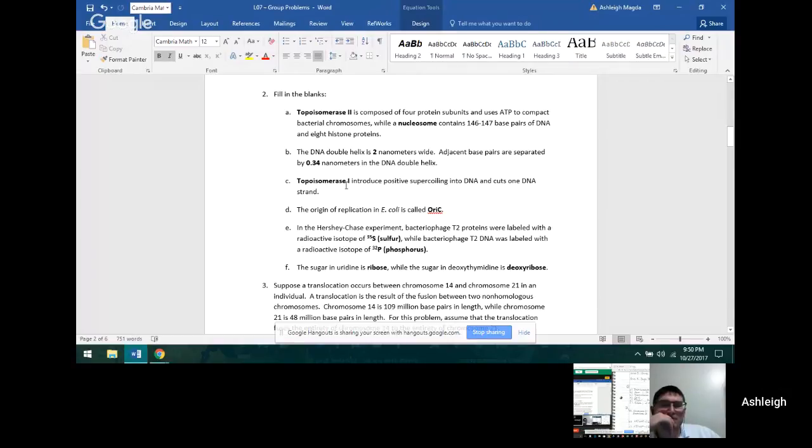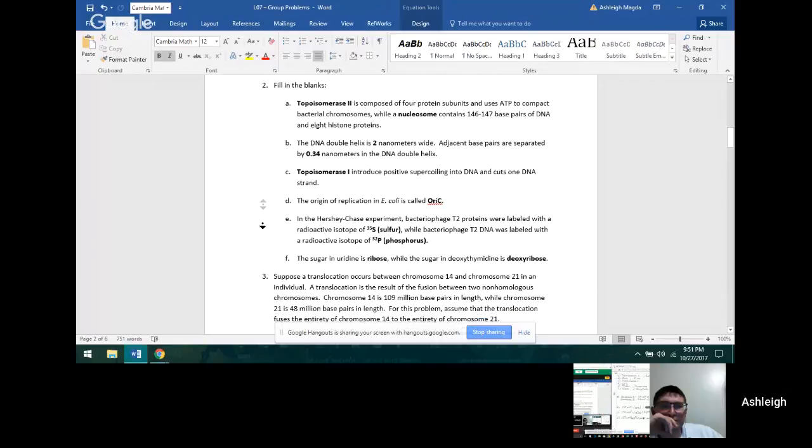C, topoisomerase 1, and then D or C. And then E, we have 35S, or referred to as sulfur, and then 32P, which is phosphorus. And then F is the sugar, and uridine is ribose. And for deoxythymidine, sorry if I butchered that, deoxyribose.